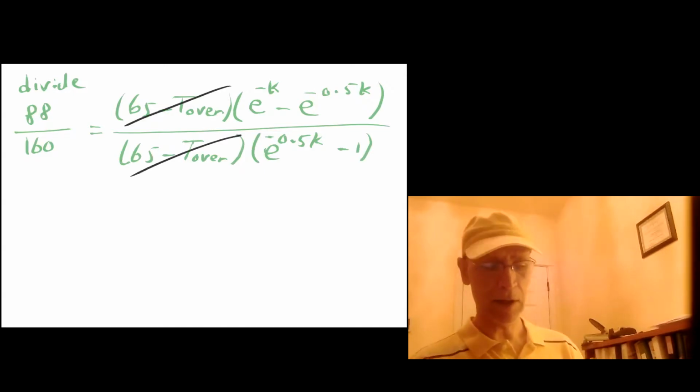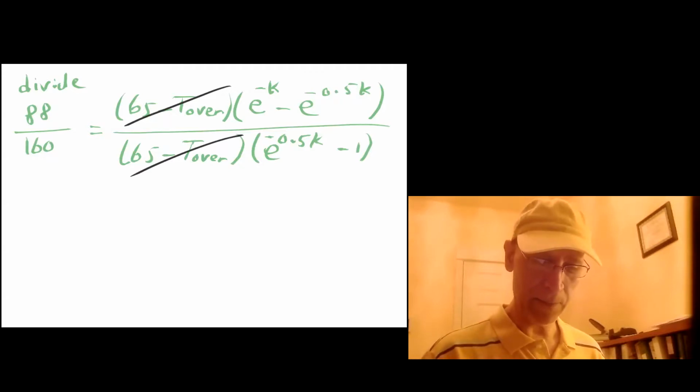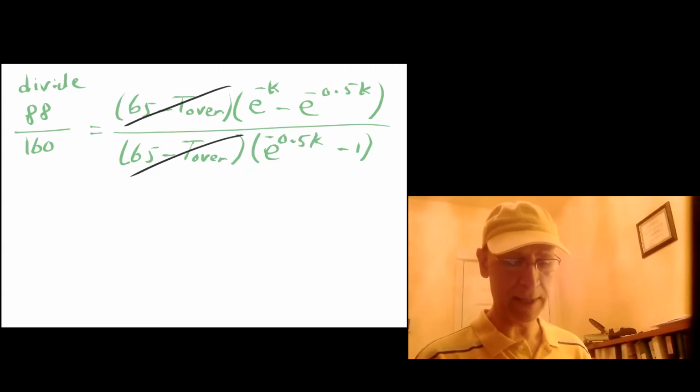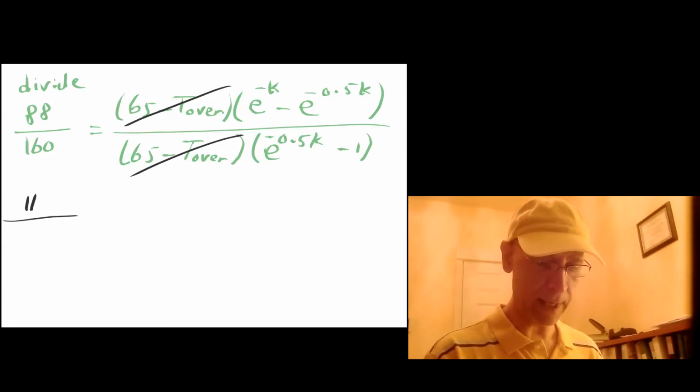So now we are going to be left with 88 over 160. 88 is divisible by 8. It gives me 11. 160 divided by 8 is 20.